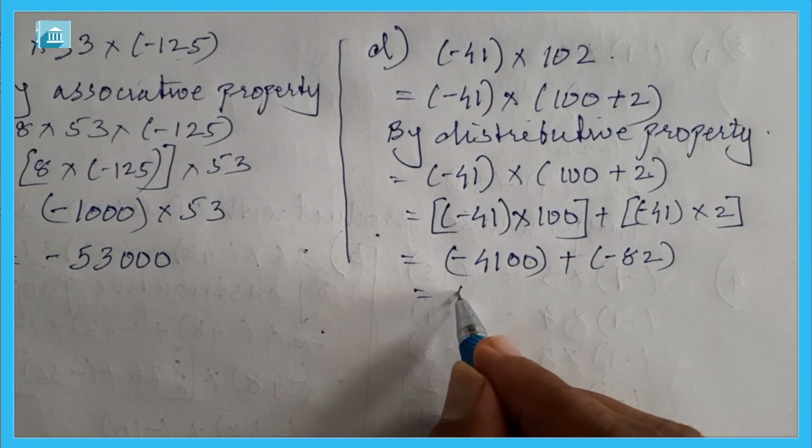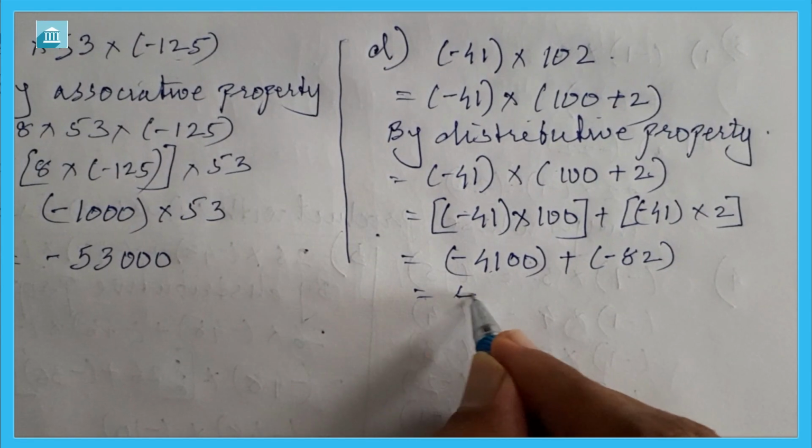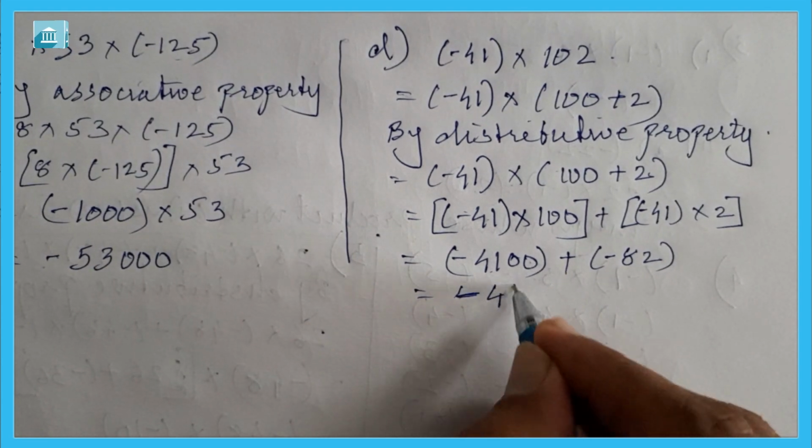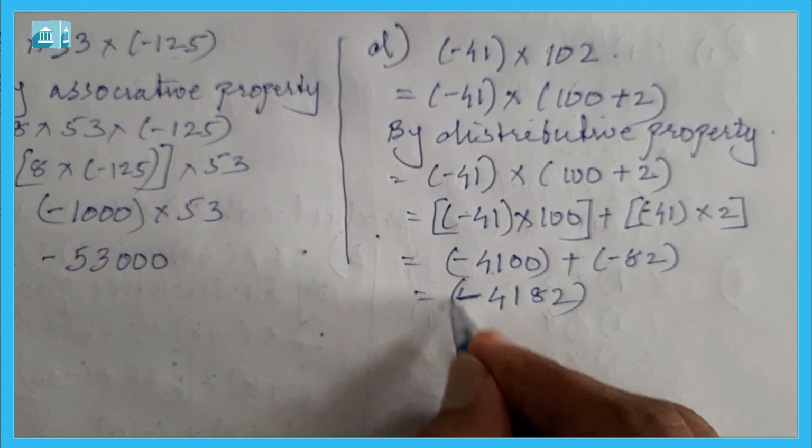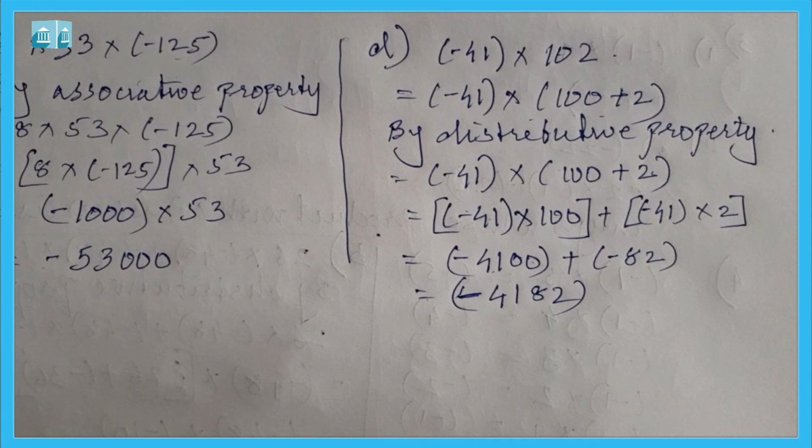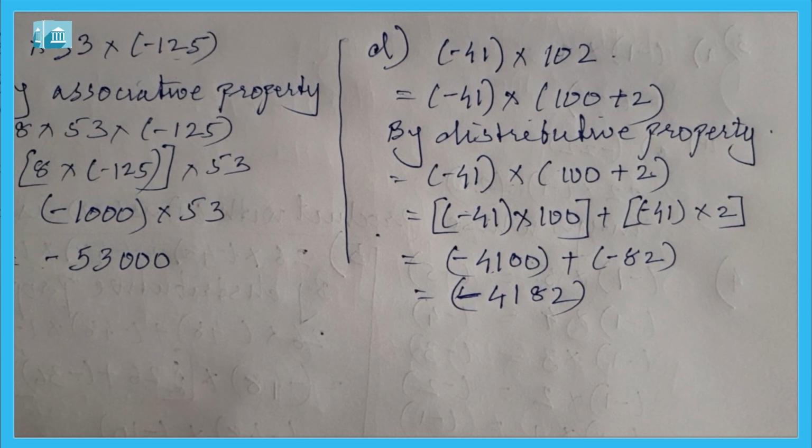Both are minus, so we can say minus 4182. So the answer is minus 4182. The rest of all the sums are the same, so you can do them by yourself.